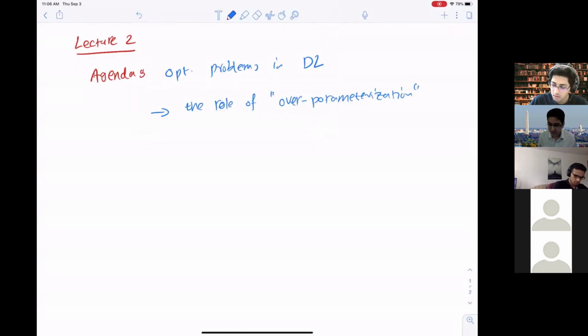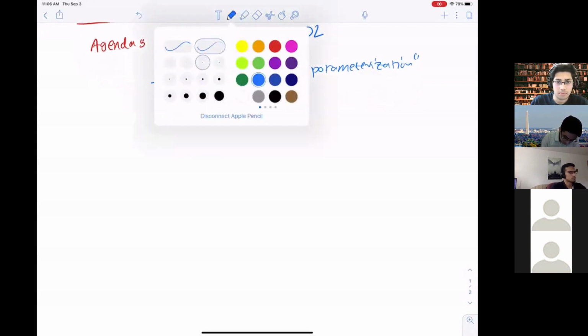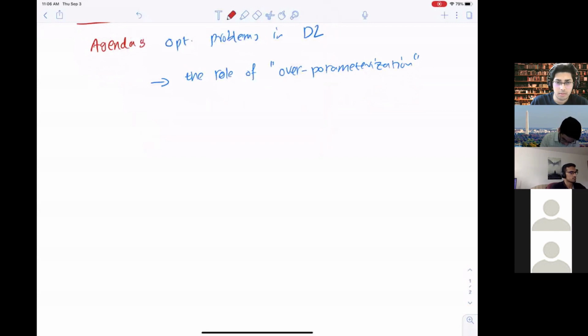And as you'll see in this lecture, next lecture, and also in a couple of lectures that we are going to spend on generalization, over-parameterization is in fact a very important aspect of many deep learning problems that we'll look into. So last time we started with an ERM problem.